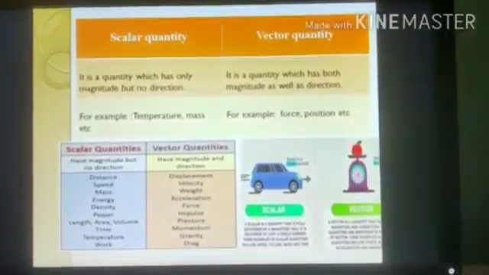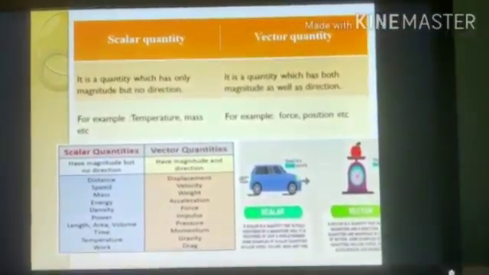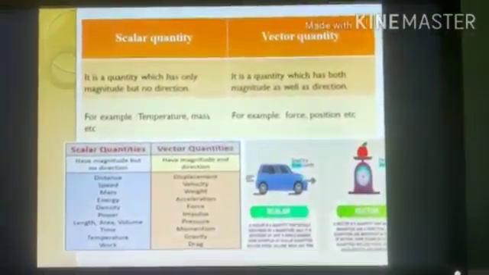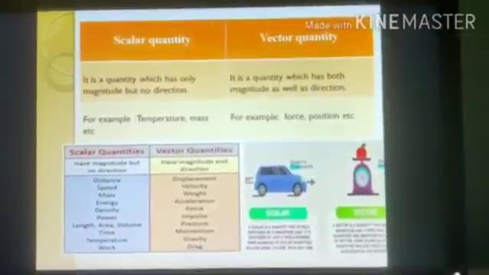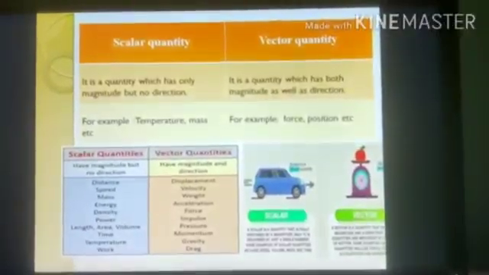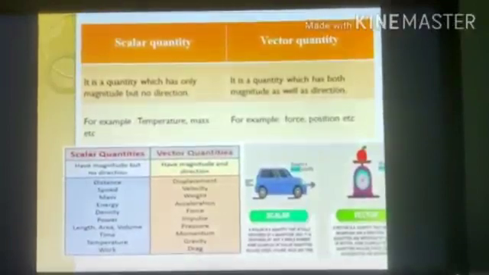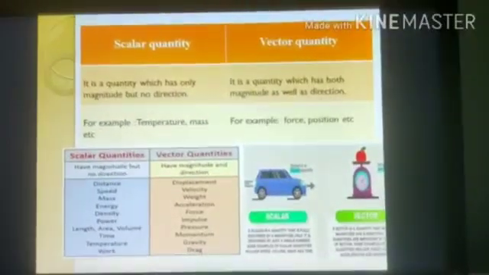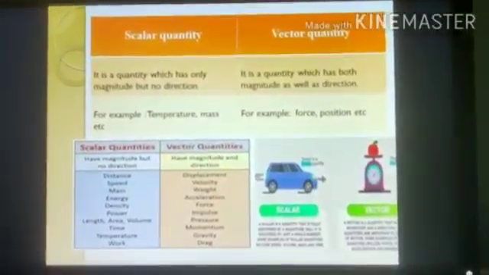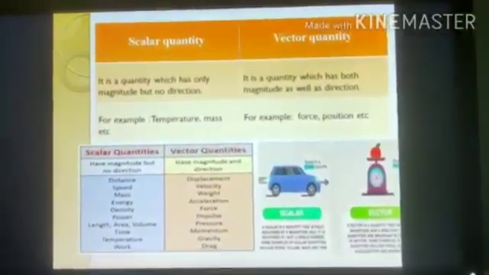Now vector quantity is defined as a quantity which has both magnitude and direction. For example, force, position, weight, acceleration, pressure. For example, I take weight.